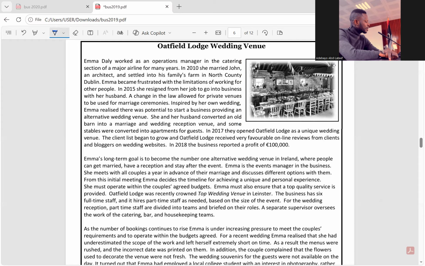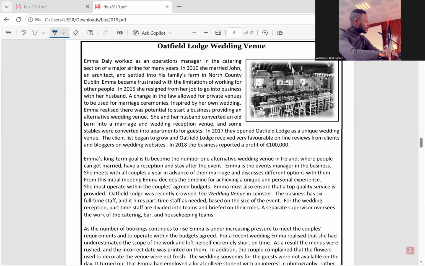Emma became frustrated with the limitations of working for other people. In 2015, she resigned from her job to go into business with her husband. Resigning from your job is a risk. So Emma is just like an entrepreneur who can take a risk, because when you leave your job to start your own business, it means you are taking a risk. So risk taking is part of the characteristics of an entrepreneur. Are you with me?